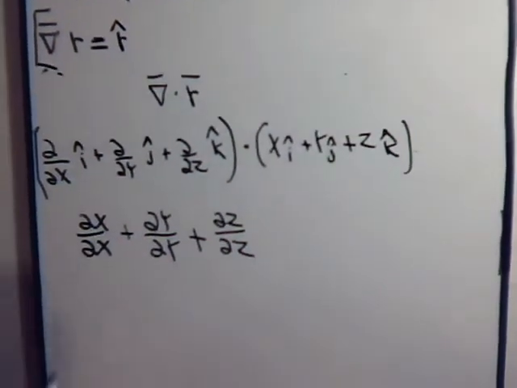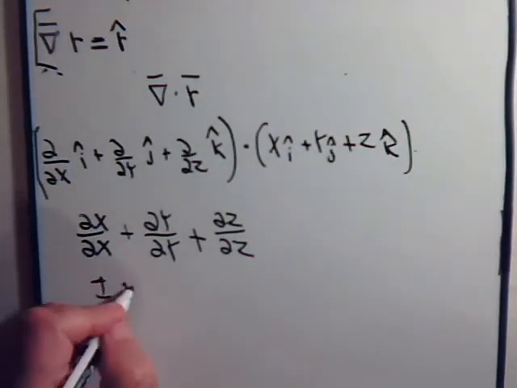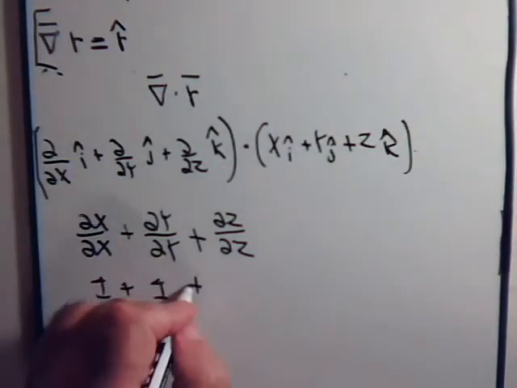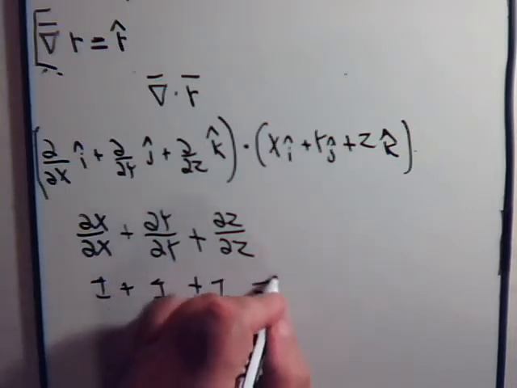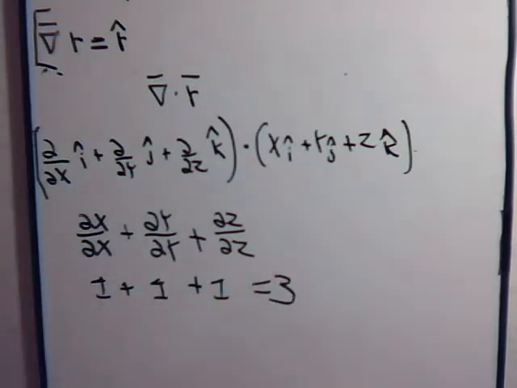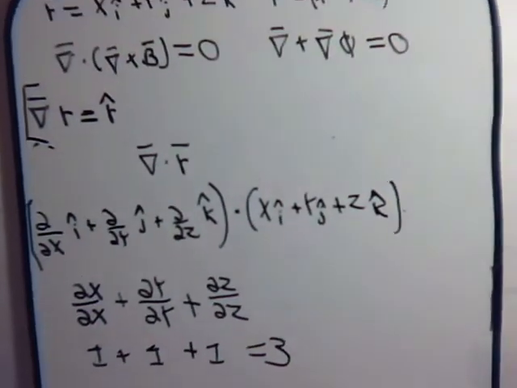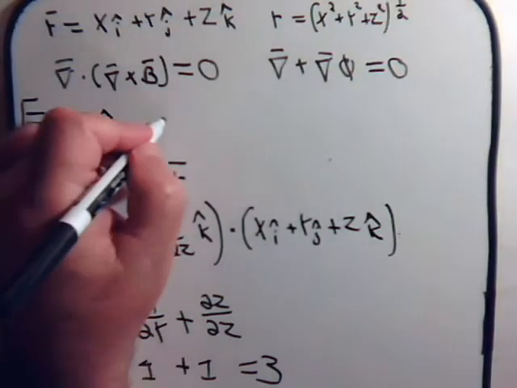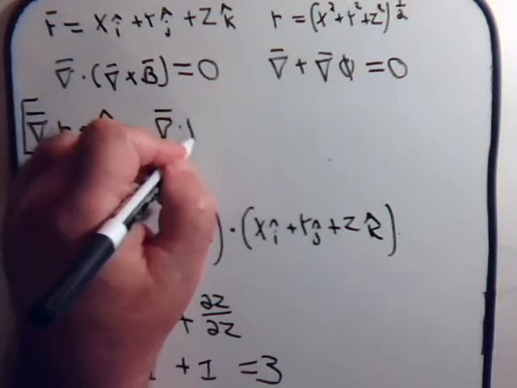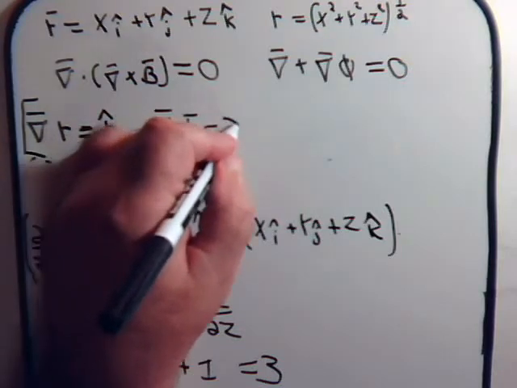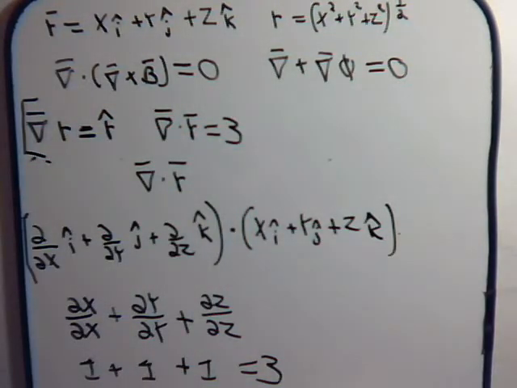And this, of course, is just 1. So we get that the divergence of the position vector equals 3.